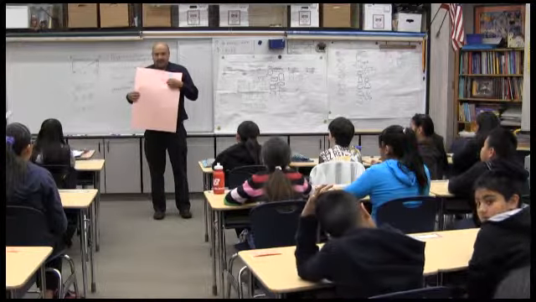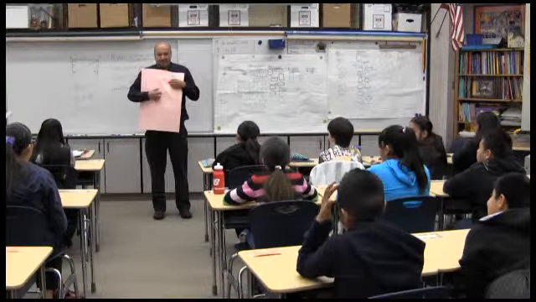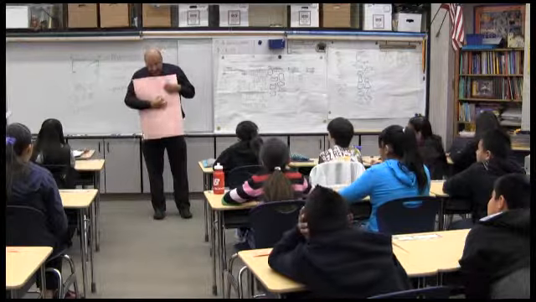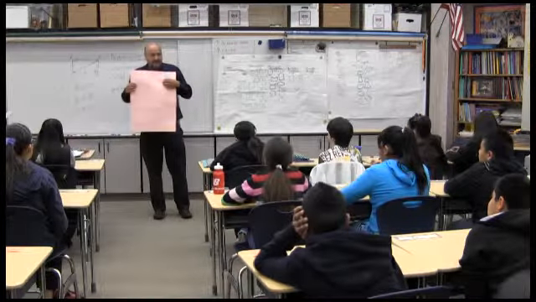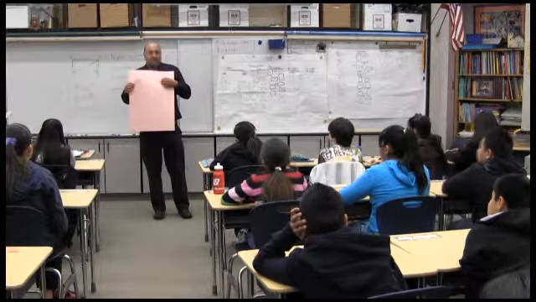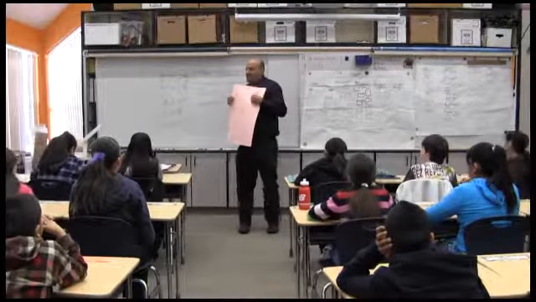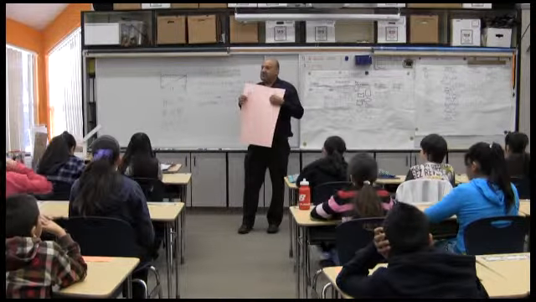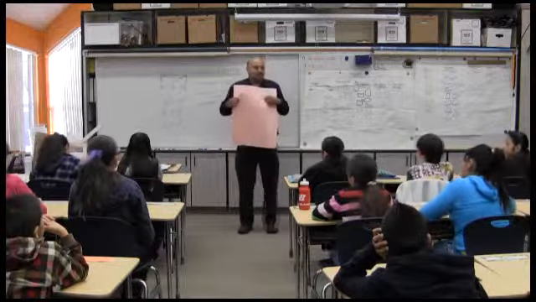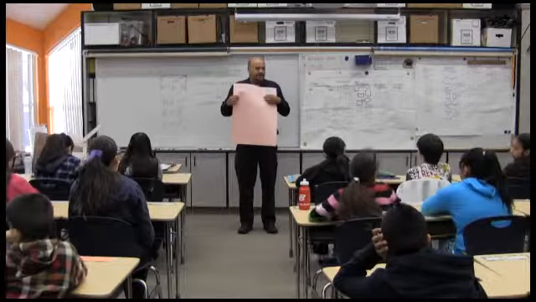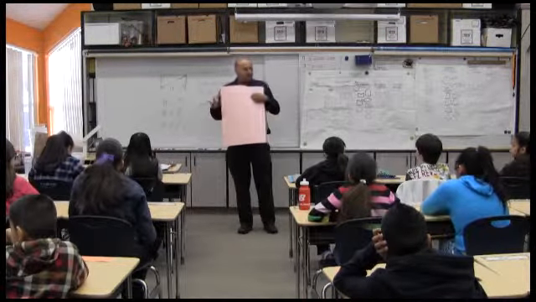Okay. And what are you going to do? You're going to write them, right? And you're going to put 6 different polygons. All right. Any questions? Everybody know what they're going to do? Yes. Are we going to do it in pairs? You are going to do it in pairs. So you're going to work with your elbow partner.